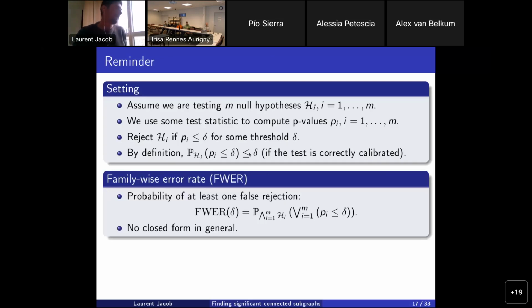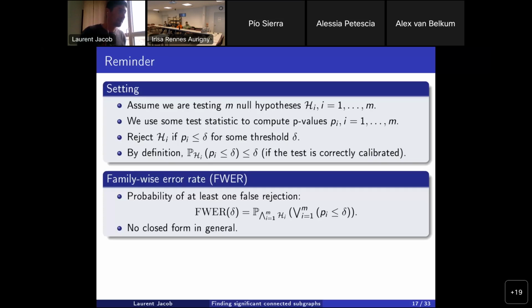Right? So the family-wise error rate that's controlled by the Bonferroni procedure is defined like this. It's the probability, under the conjunction of null hypotheses, so we assume that all the hypotheses that we're testing are null, that we are still rejecting at least one of them.